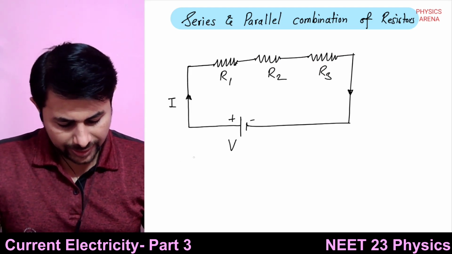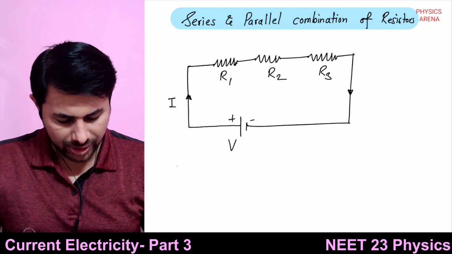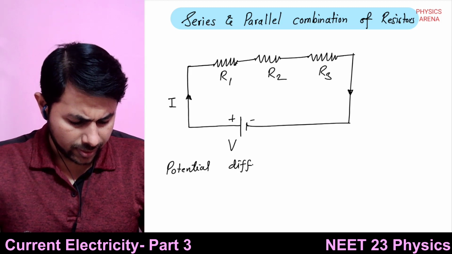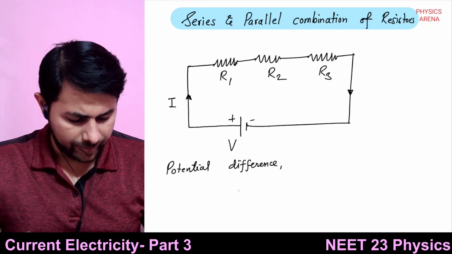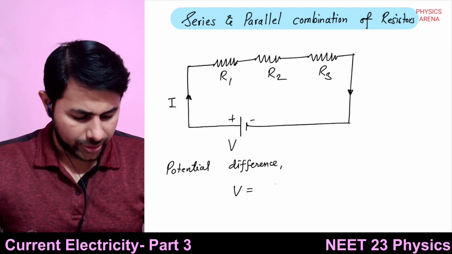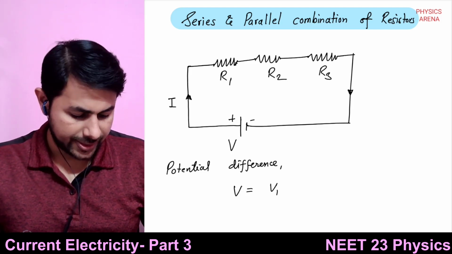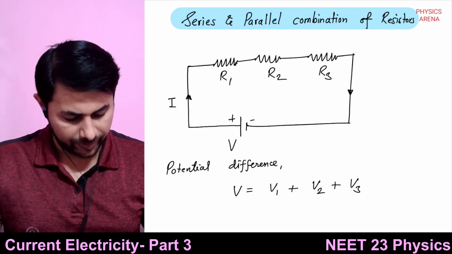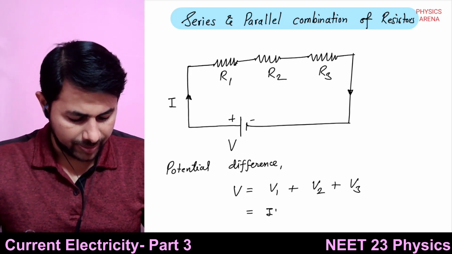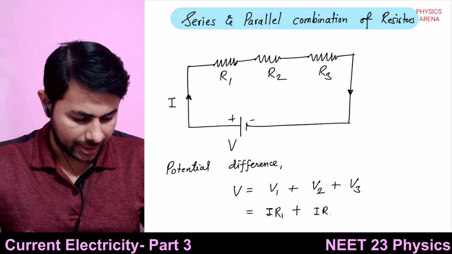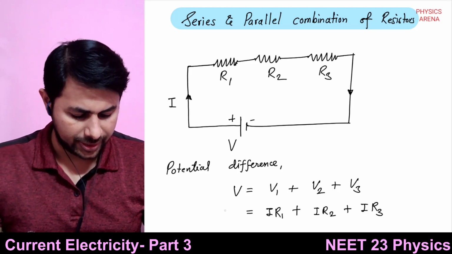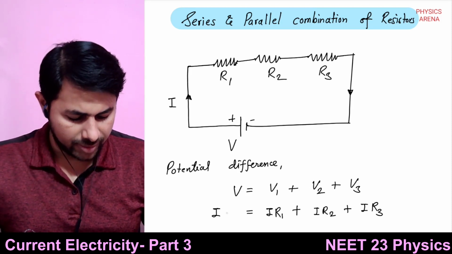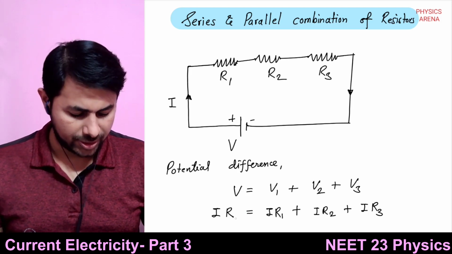So we can say that the total potential difference V is equal to the potential difference across the first resistor plus across the second resistor plus across the third resistor, and that is I multiplied by R1 plus I multiplied by R2 plus I multiplied by R3. I can write this as current multiplied by the equivalent resistance of the series combination.